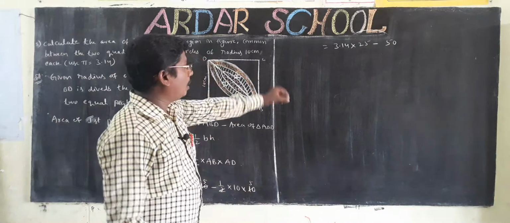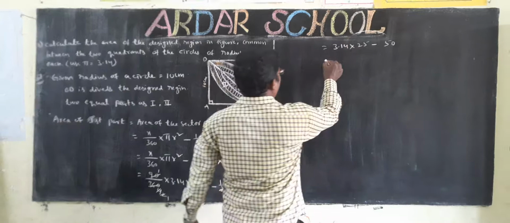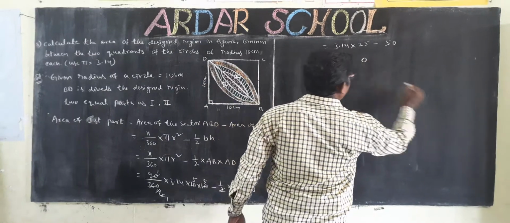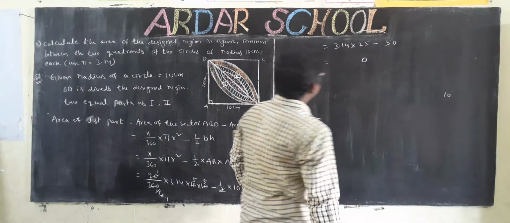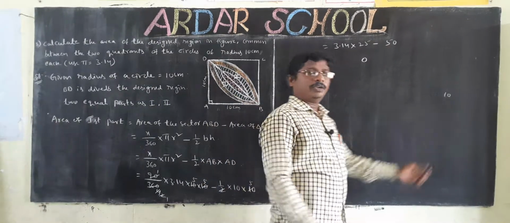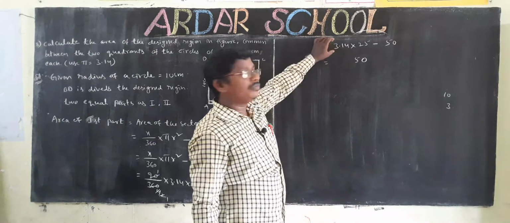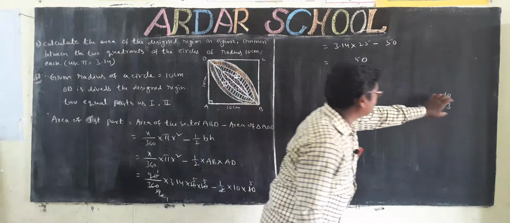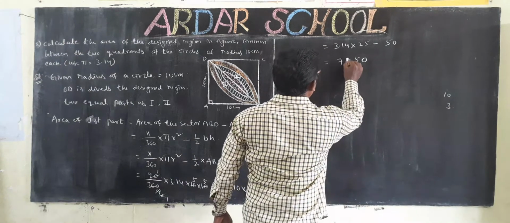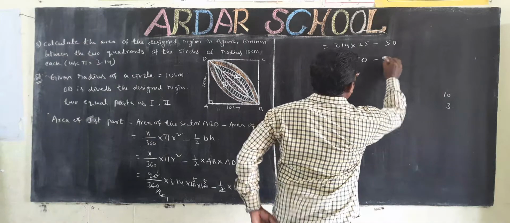Okay, now we have to multiply 3.14 into 25. 25 fours are 100, 0, 10, 25 ones are 25 plus 10, 35, 5, 3, 25 threes are 75 plus 3, 78. That is 78.50 minus 50.